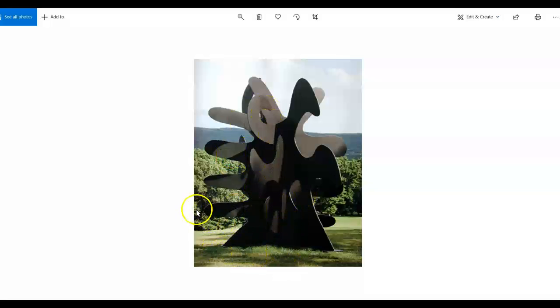Another way we could look at the interesting primary contour of this as opposed to the secondary contours. There again, we were talking about how it is a static piece. It's stable, it's a stabile, but it has very dynamic forms.